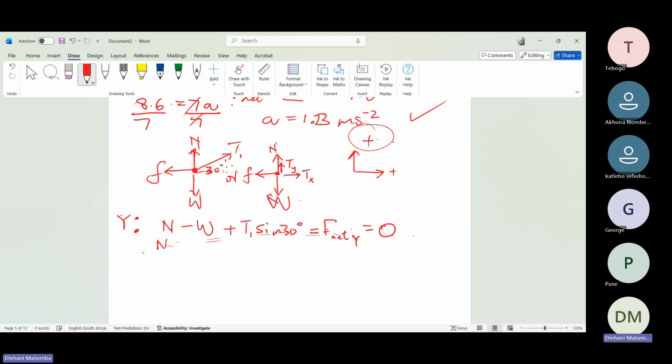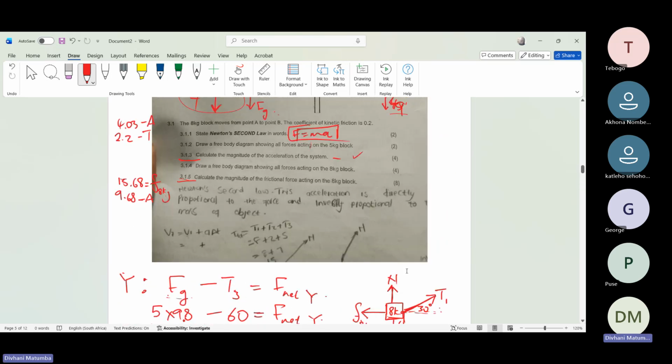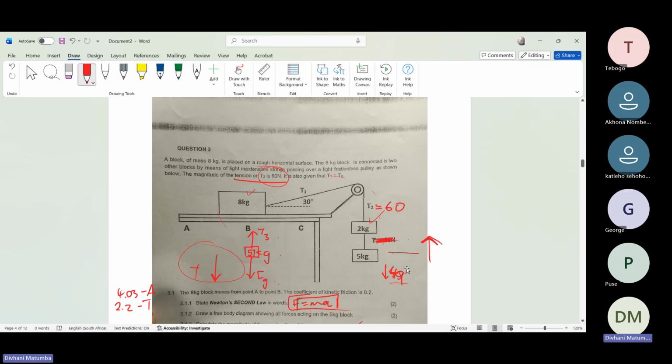So your normal force would be given by, if I take W to the other side, W minus T1 sine of 30, which is mass times acceleration, 8 times 9.8. Mass times gravitational acceleration minus, we were told that T1 and T2 are equal, and T2 is equal to 60.